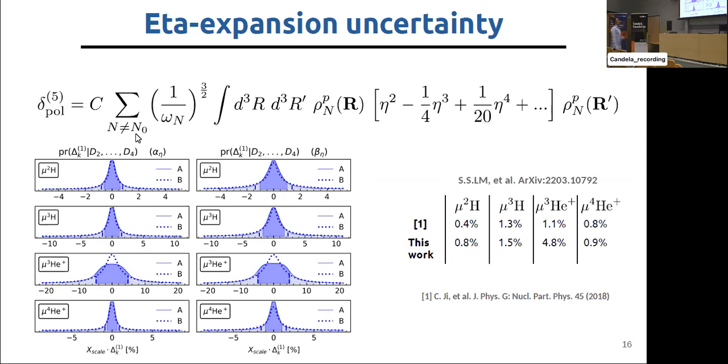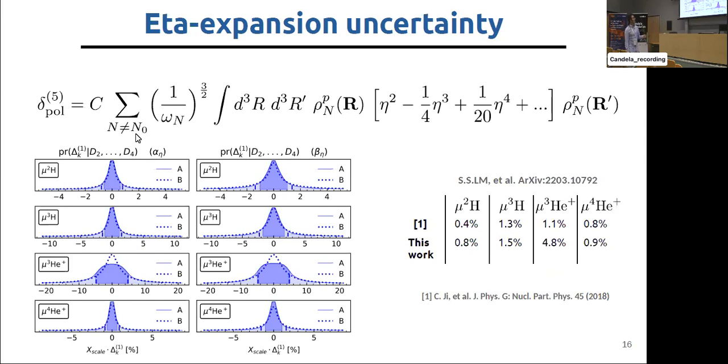As I mentioned, this is an intermediate step to get to the final nuclear polarizability term, and in this step we are expanding in terms of eta. I don't need to define eta for the purpose of showing these results. I just need to say that we are expanding in terms of eta and truncating the expansion at this point, and this truncation comes with its own associated uncertainty.